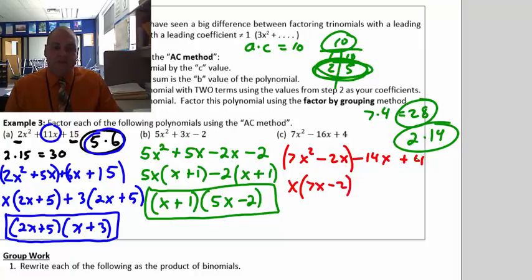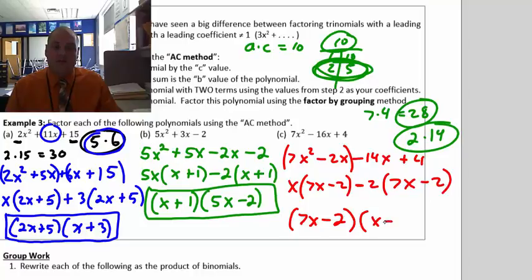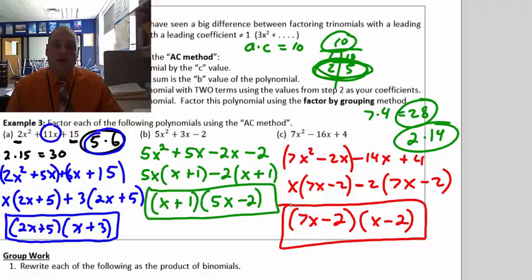Common factor here is negative 2, leaving 7x minus 2. And of course I have a common binomial of 7x minus 2, and x minus 2 is what's left over. My factors are 7x minus 2 times x minus 2.